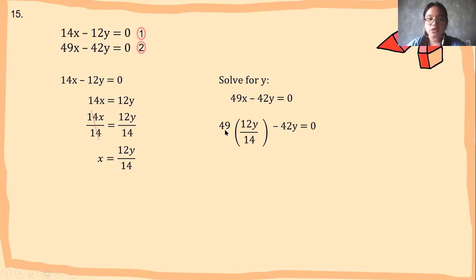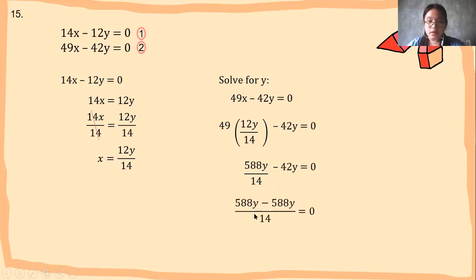Let's multiply the numerator by the numerator and the denominator by the denominator. So 49 times 12y is equal to 588y. Then copy the denominator, which is 14. Then copy the remaining terms: minus 42y is equal to 0.